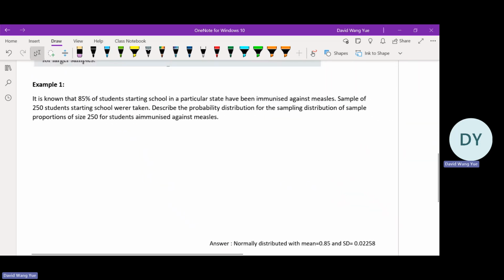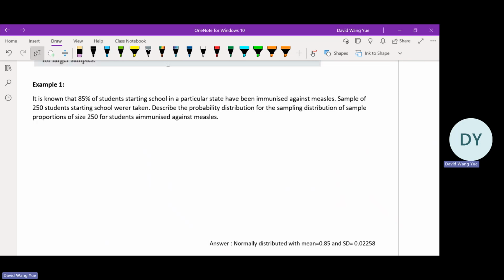Example 1. It is known that 85% of students starting school in a particular state have been immunized against the measles. A sample of 250 students starting school was taken. Describe the probability distribution for the sampling distribution of the sample proportion of size 250 for students immunized against the measles.